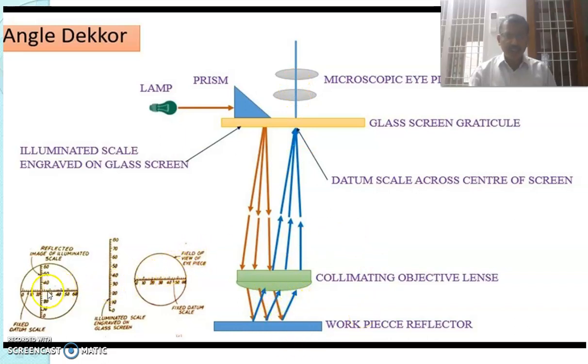Here the image is rotated by 90 degrees. The microscope eyepiece contains a horizontal reading, whereas the horizontal image of the illuminated scale is rotated by 90 degrees.